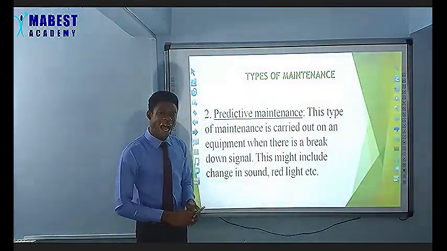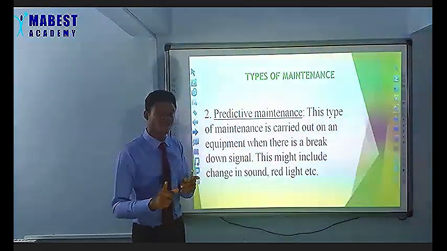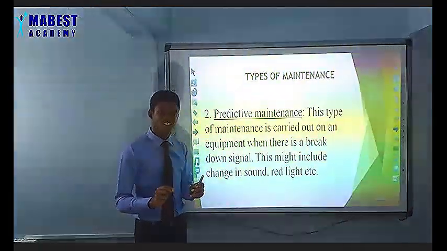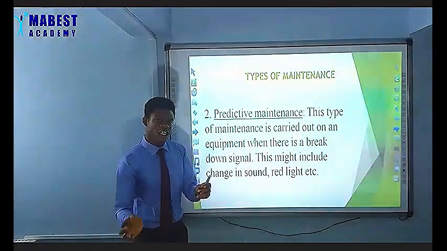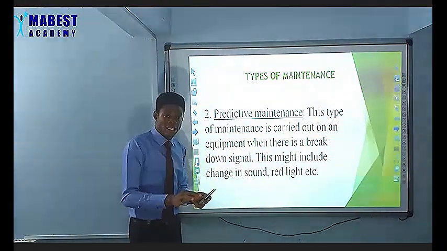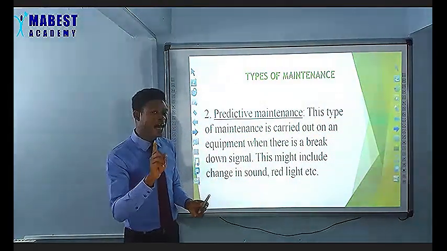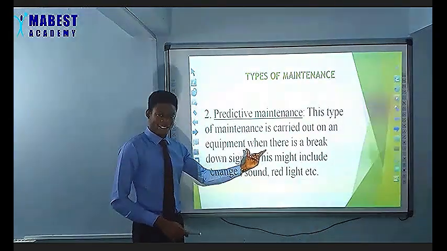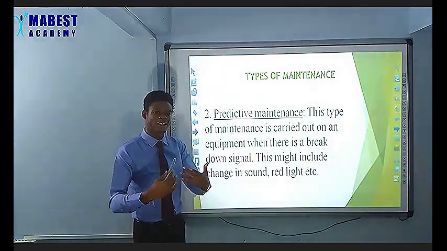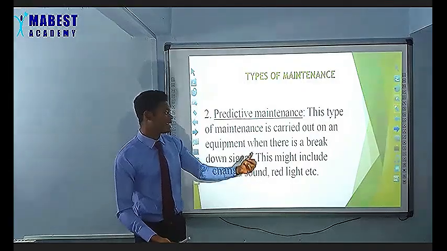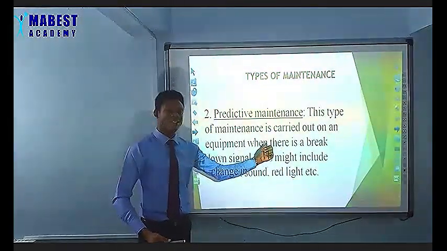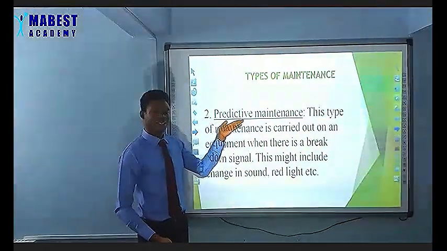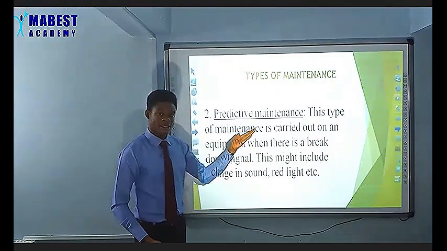Predictive signal. And how do you maintain your car from damaging or from making your engine knock? You have to what? Refuel it. You are doing this because the car has given you a breakdown signal. And that type of action that you take because there is a breakdown signal is called the what? Predictive maintenance.